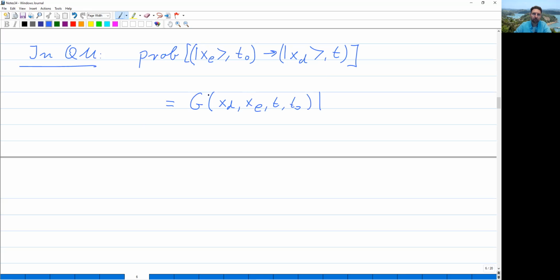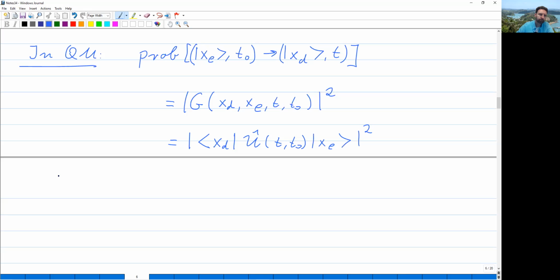That's the Green's function modulus squared. The Green's function, remember, consists of the matrix elements of the time evolution operator, so U hat of t and t naught, xe, modulus squared.